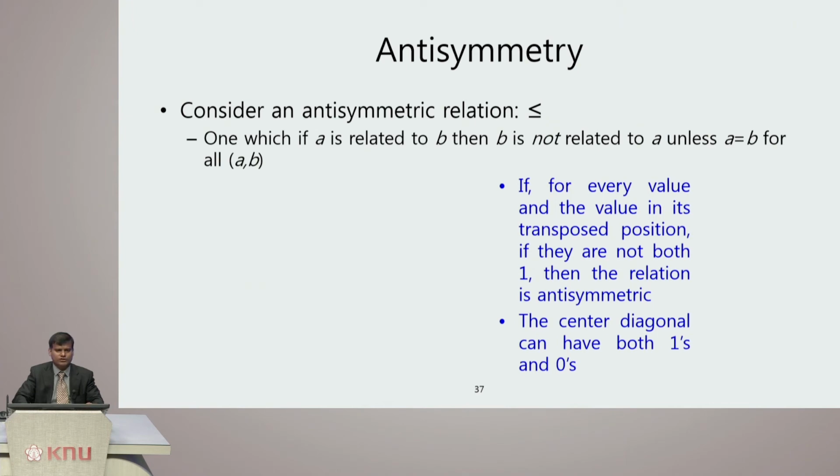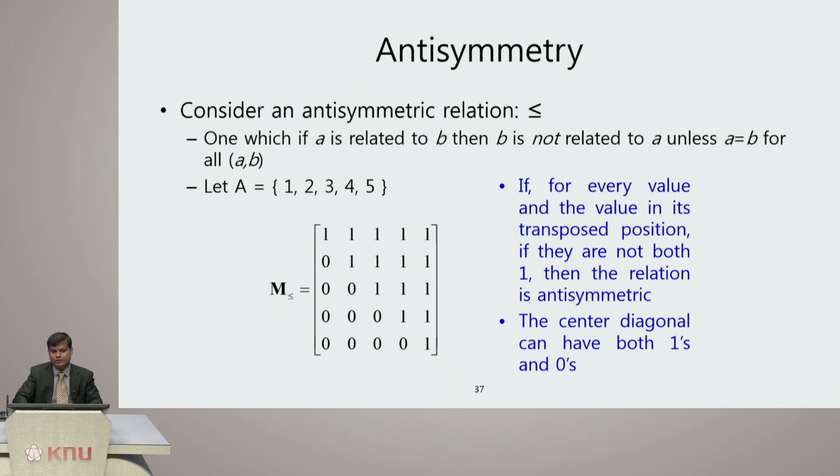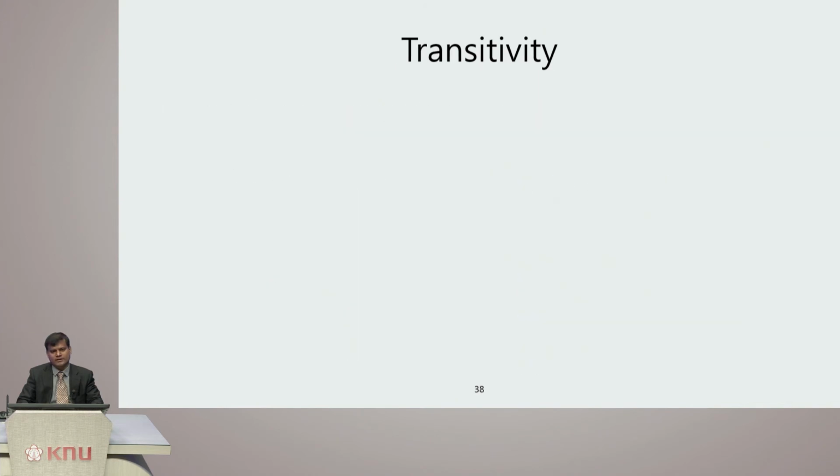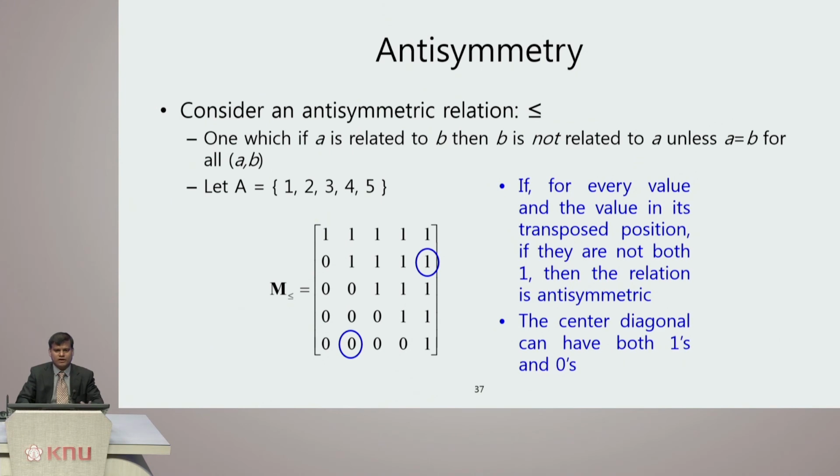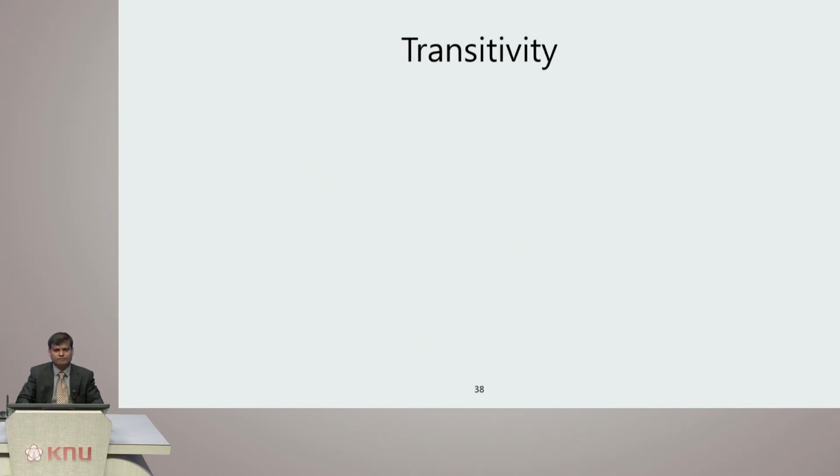It is one in which if A is related to B, then B is not related to A unless A is equal to B. That's the condition, unless A equals B. So this gives us an example. The center can be either 1 or 0, but the upper and lower triangles are completely opposite to one another. The upper part is 1s and the lower part is 0, and the center part, as we said, can be either 1 or 0, or it can have both 1s and 0s.